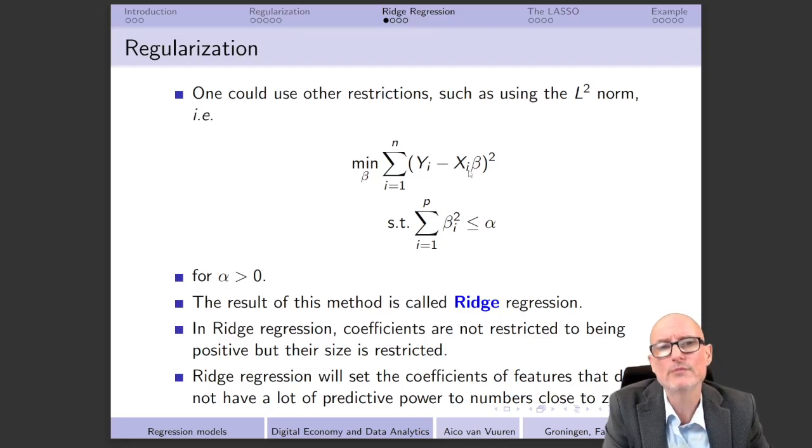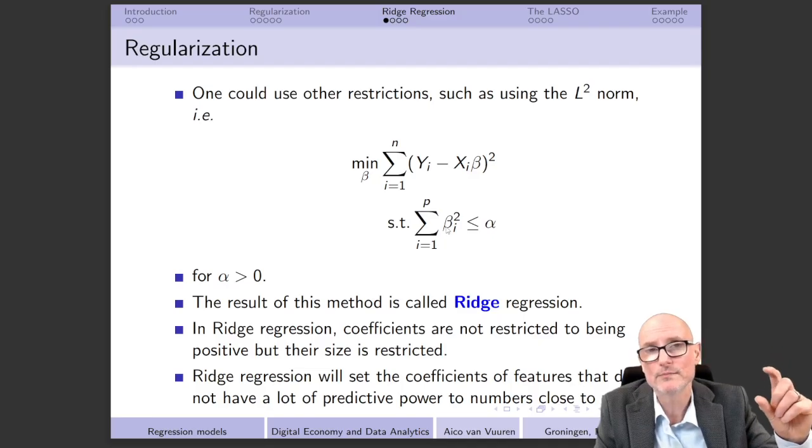Maybe they still have some predictive power, but it's less than the ones that really have a large predictive power. Well, for these, what ridge essentially does is give us beta coefficients that are still quite away from zero, but simply a little bit smaller.